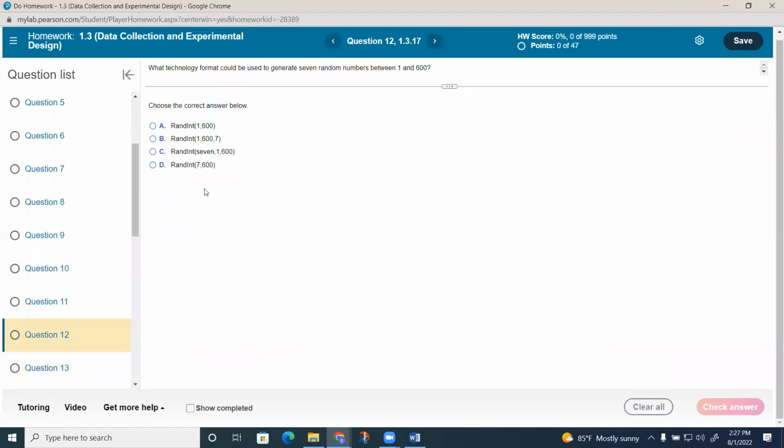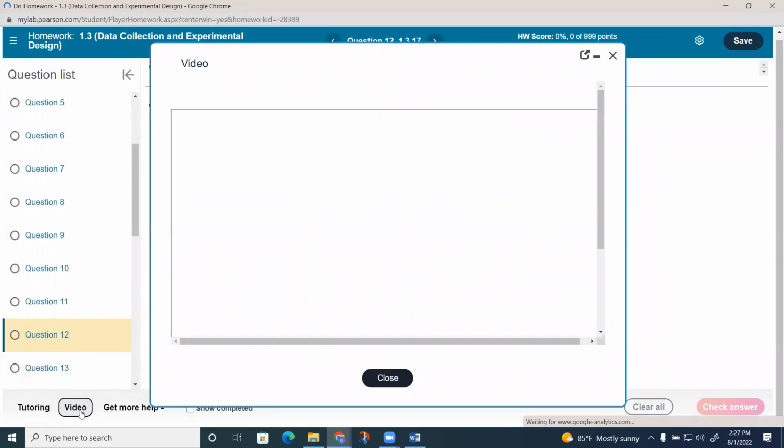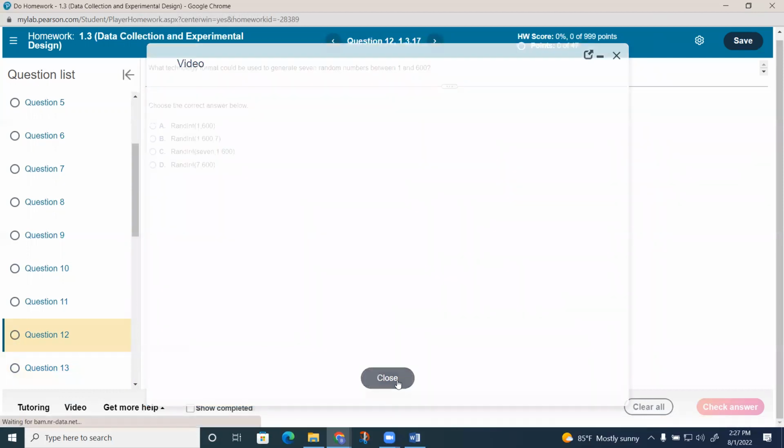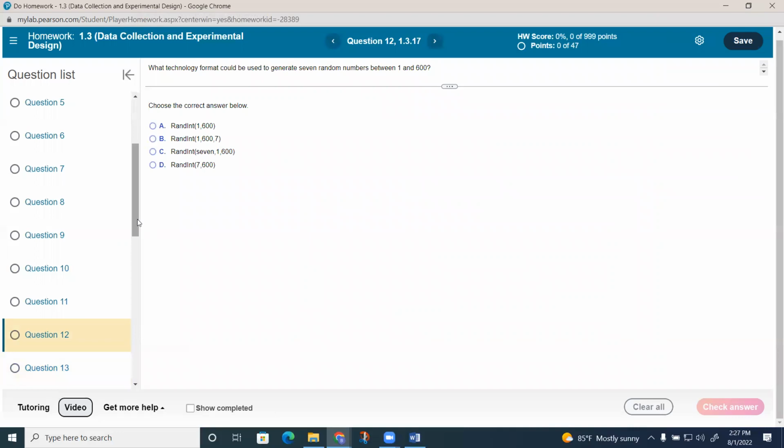This question here uses the TI-84 calculator, because the graphing calculator is going to be used quite a bit in this class. This is where we could create random numbers in doing a sample using the TI-84 to help us with creating a sampling. If you click here, it'll give you a video and some things that may be useful. Sometimes it's useful, sometimes it's not, but you can find information there.